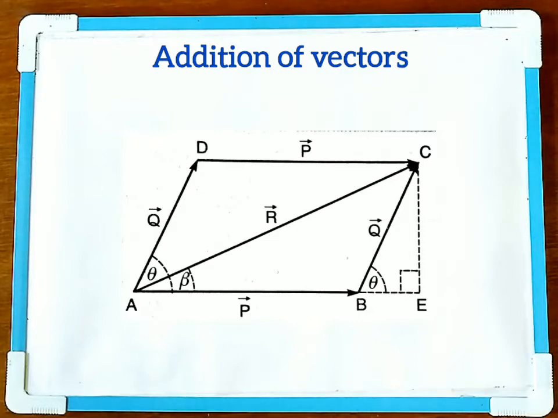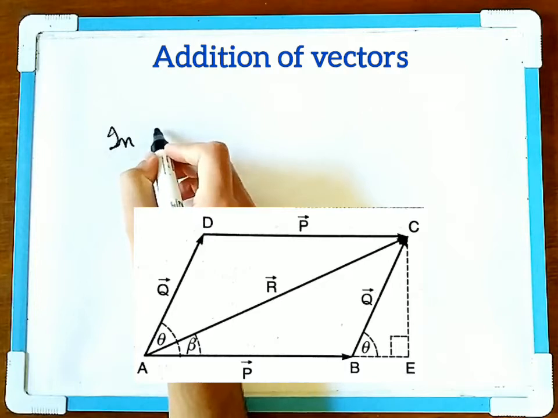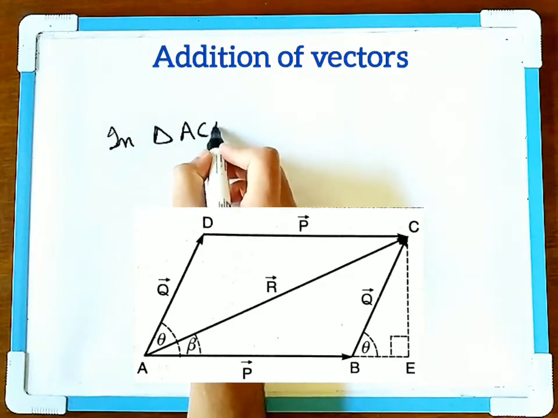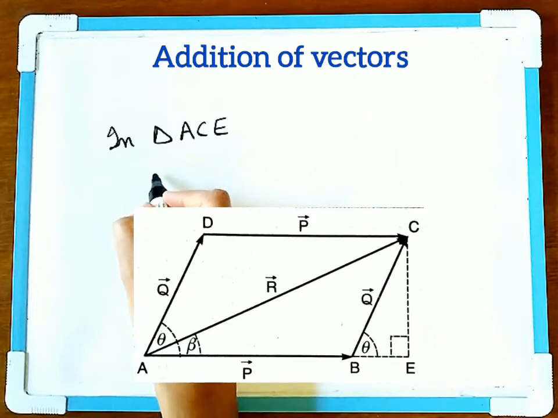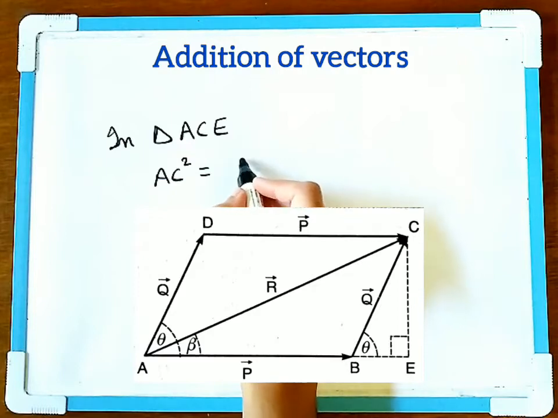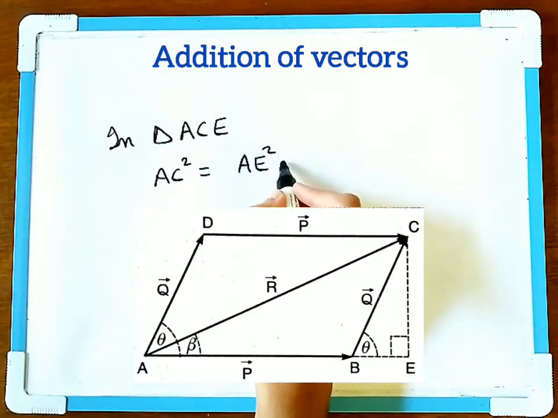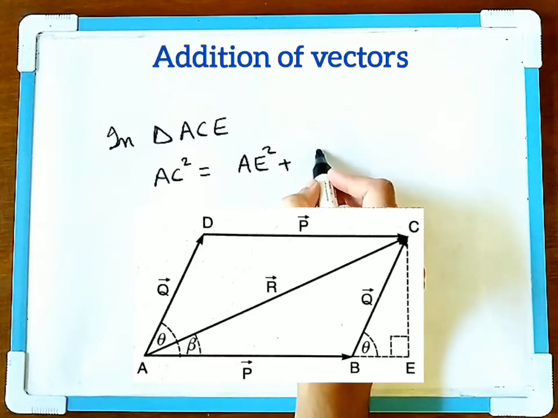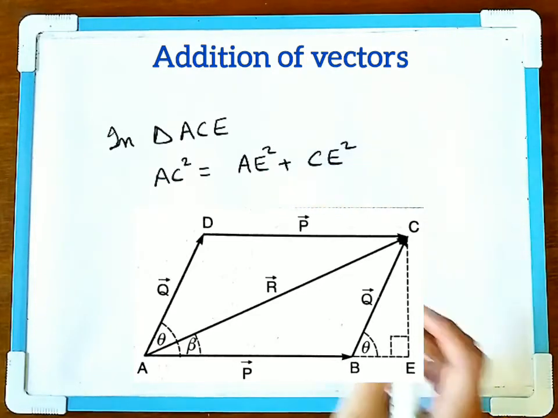So in the triangle AEC, what we have is AC square is equal to AE square plus CE square.